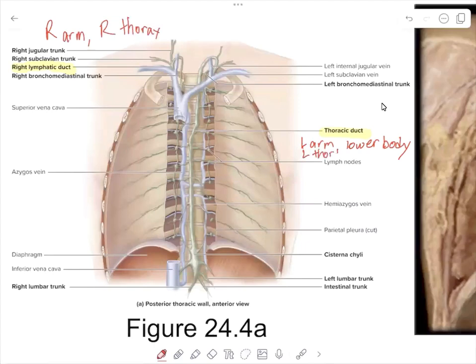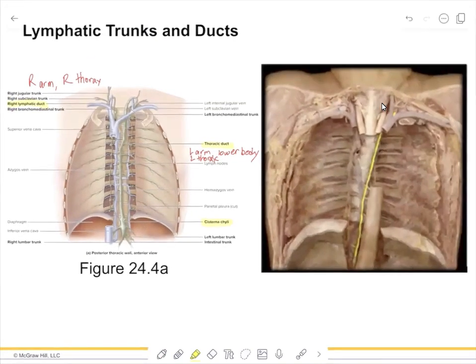I'll put left thorax over here for the thoracic duct. The cisterna chyli is going to be the entrance point for the thoracic duct. And on the cadaver model over here, you actually can see labeled the thoracic duct.